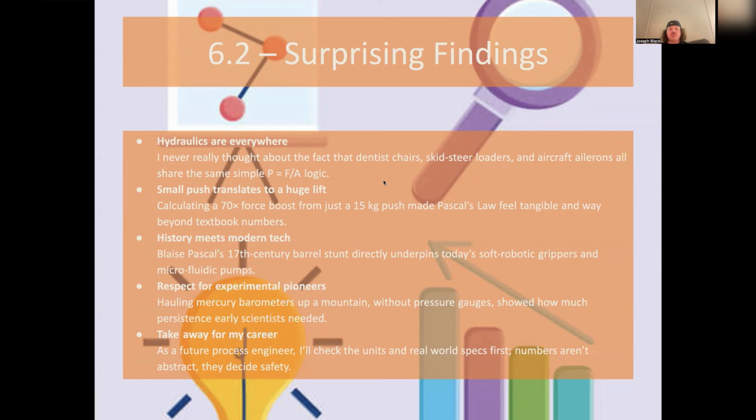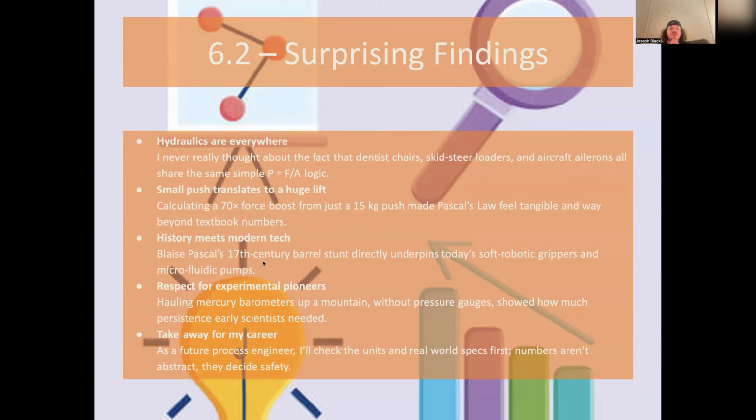Next is the small push, like on the hydraulic hand pump. The small push can translate into a huge lift. Just calculating a 70 times force boost from a 15 kilogram push made Pascal's law feel tangible and way beyond textbook numbers. History meets modern tech.